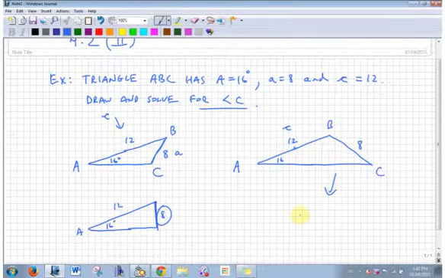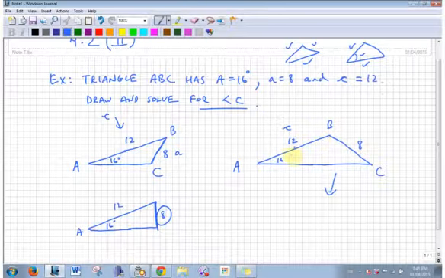How do I solve this for angle C? Do I want to use cosine law or sine law? Correct. I don't have three sides, which is when I'd use cosine law, and I don't have side, angle, side, two sides and the angle in between them. So I can't use cosine law here. I'm going to use sine law.